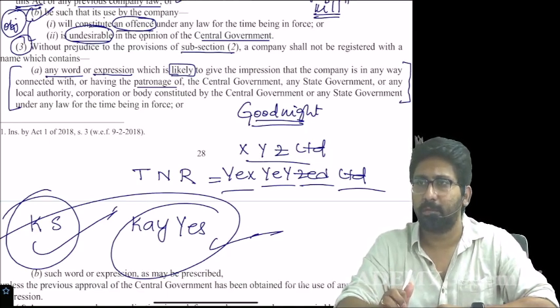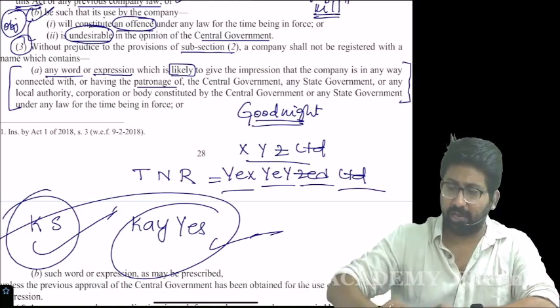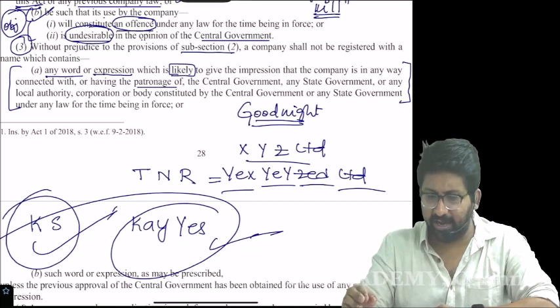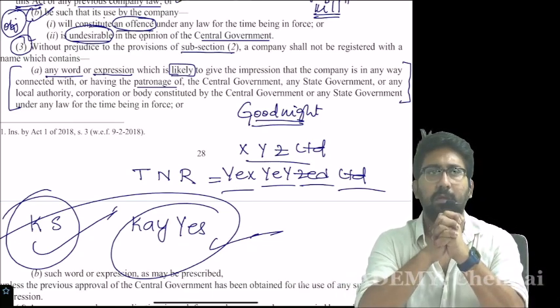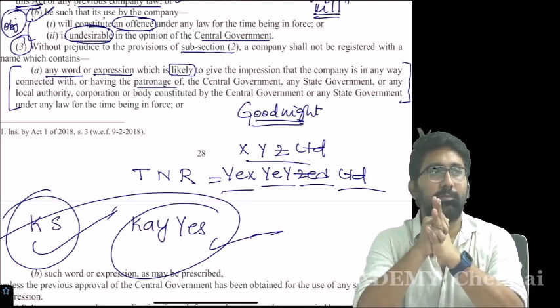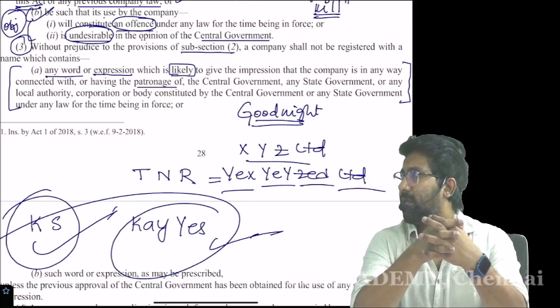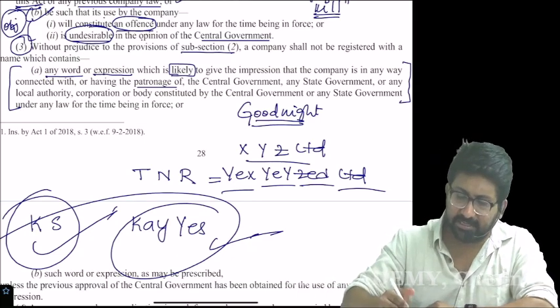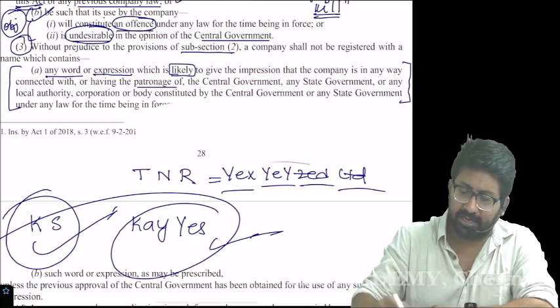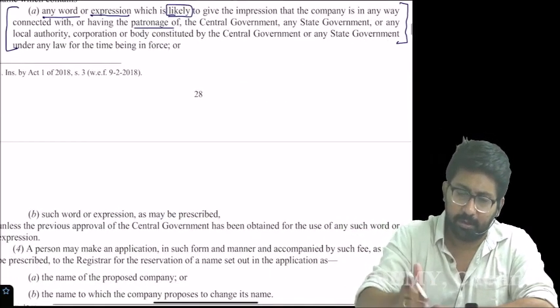Completed? Tell me what he is trying to tell. Anyone understood the idea? What is the idea behind this? See here. I started a company. Say for example, I started a company putting its registered office at T Nagar in Chennai.